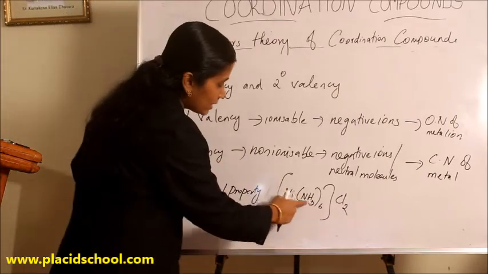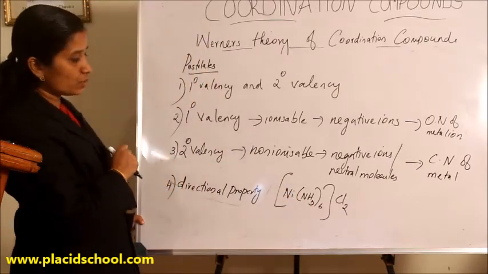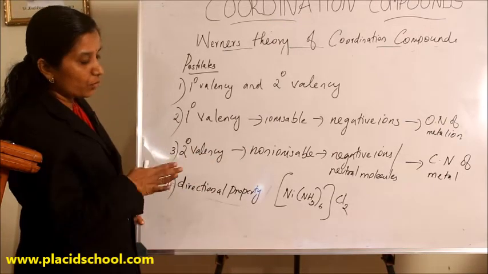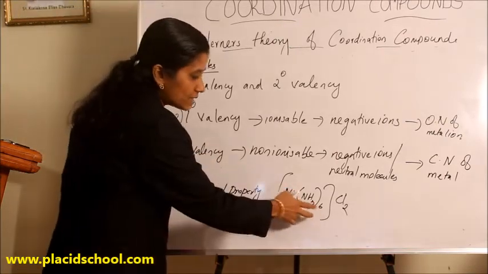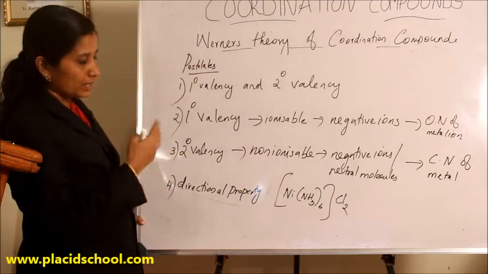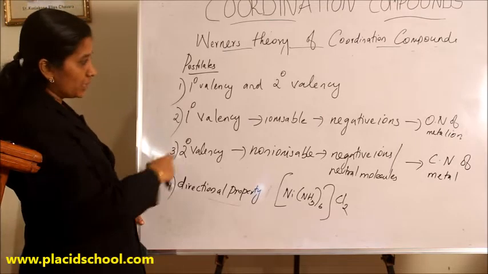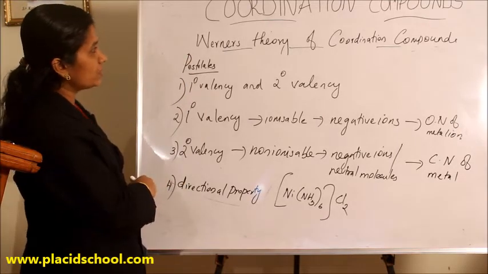Here 6 ammonia molecules are there, so it has octahedral geometry. If 4 species are attached to the central metal atom, it exhibits either tetrahedral or square planar geometry. So these are the 4 postulates of Werner's theory.